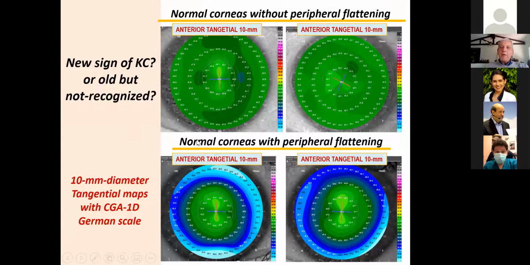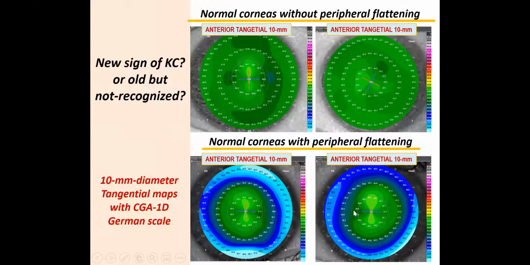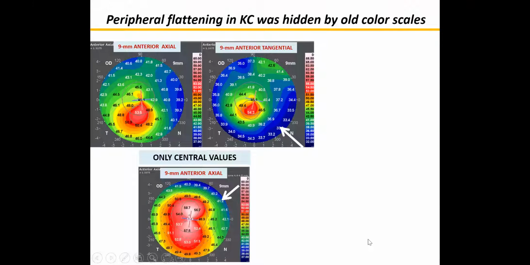So we began to discover normal corneas without peripheral flattening, and it's very rare, but we still get a few with peripheral flattening in practically normal corneas at the center. But this new sign of keratoconus is more frequent in keratoconus than in normal corneas. It was hiding and was missed because of the type of scales we were using.